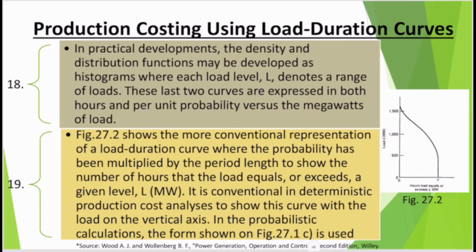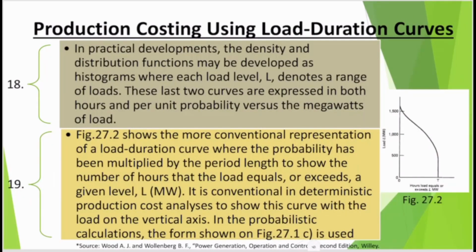Now in practical developments, the density and the distribution function, both B and C that I've shown you earlier, may be developed as histograms where each load level L denotes a range of loads. That is, these last two curves are expressed in both hours and per unit probability versus the megawatt load.